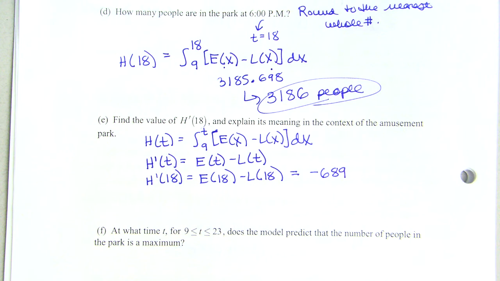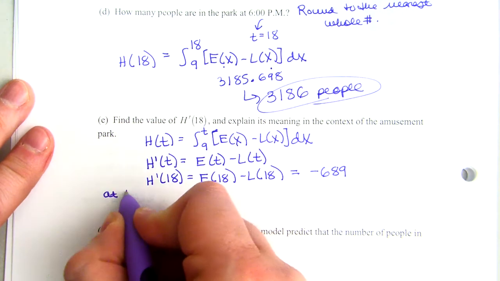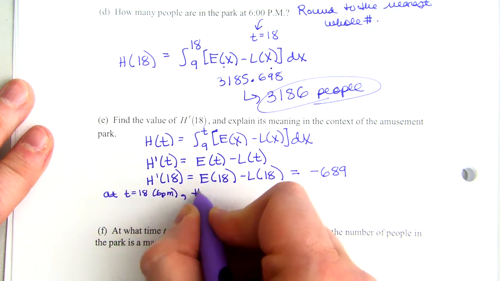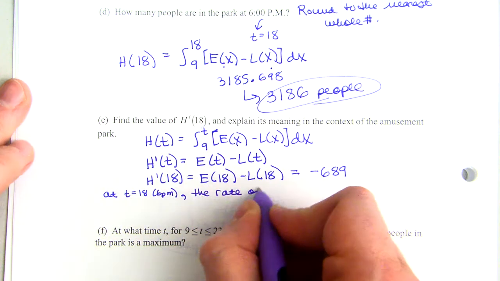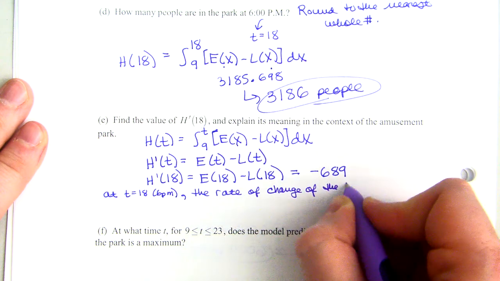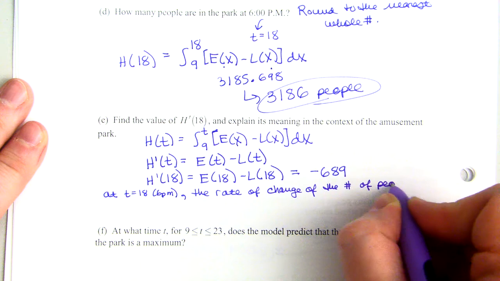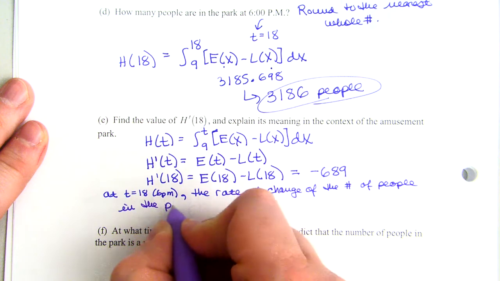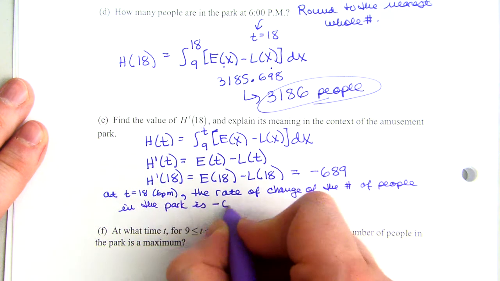So what? H of t is the number of people in the park at any given time. The derivative of the number of people in the park is the rate of change of the number of people in the park at any given time. So what this is saying is at t equals 18, which is 6 p.m., the rate of change of the number of people in the park is negative 689.